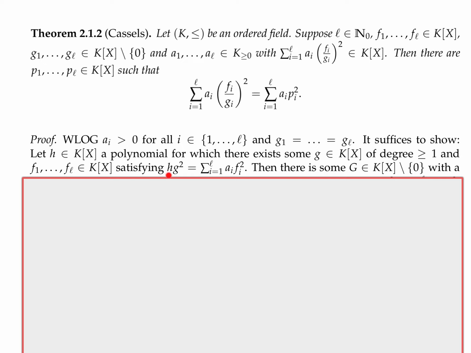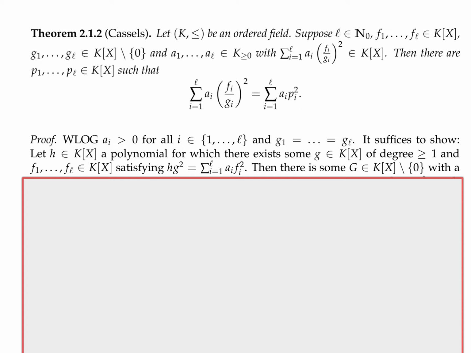such that H capital G squared can also be written in that way, of course, with other Fi's, which I will call capital Fi. And the degree of capital G should be smaller than the degree of small g. And then I can iterate this, right? I can iterate this until I get to a degree 0 polynomial here.